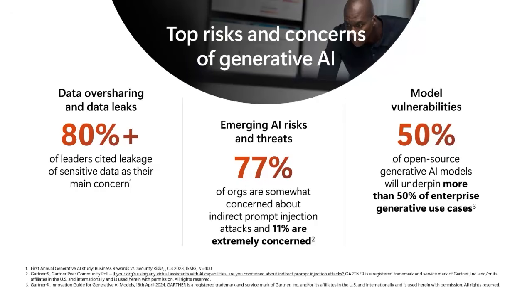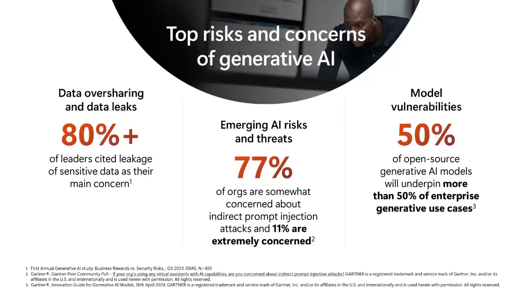And number two is the emerging AI risks and threats. So according to the Gartner poll that was done, 77% of organizations are concerned with the new generative AI risks and threats like prompt injection and jailbreak attacks.